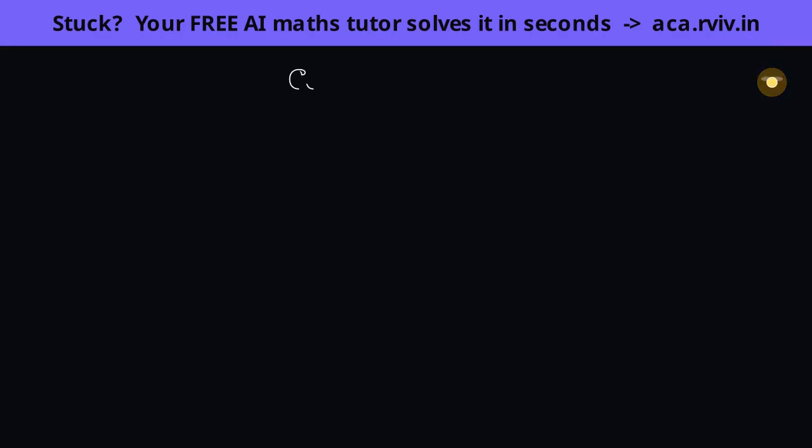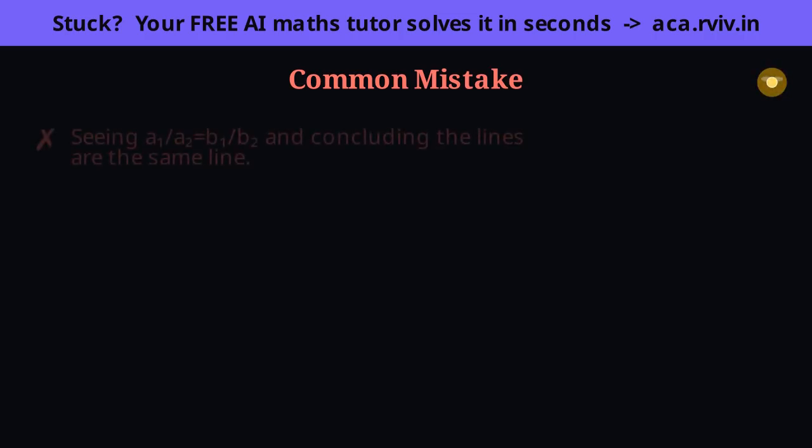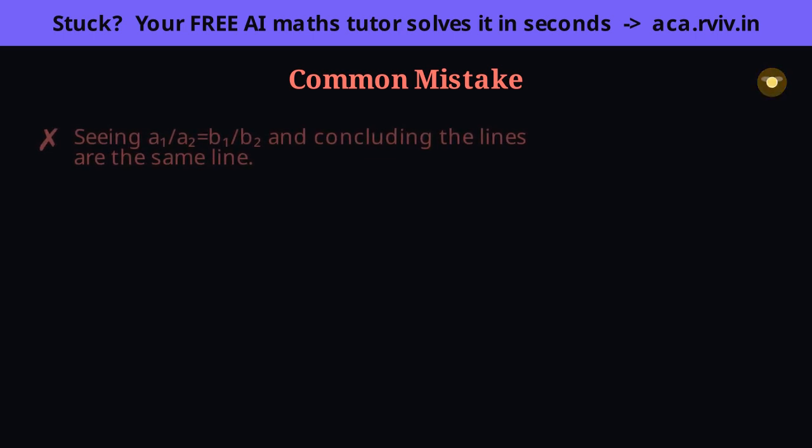The most common trap in the whole chapter: the A and B ratios match, so students jump to same line, infinitely many. Not yet. Matching A and B only tells you the slopes are equal, and equal slopes cover two different pictures, coincident lines and parallel lines. The C ratio is what separates them, because C fixes the height.